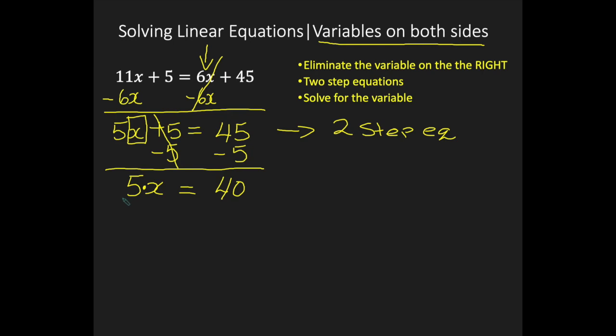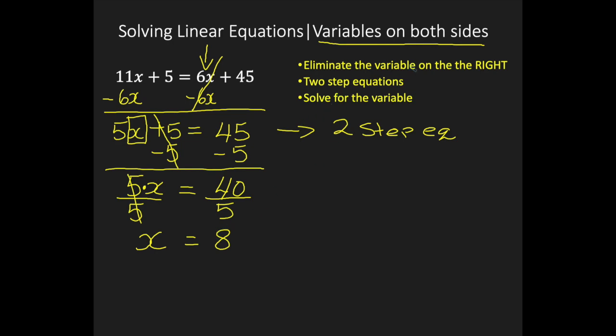So to divorce them, we need to do the opposite. The opposite of multiplication is division. So we're going to divide both sides by 5. The 5's cancel. The x is all by itself. It's been divorced. And then over here on the right, 40 divided by 5 is 8.